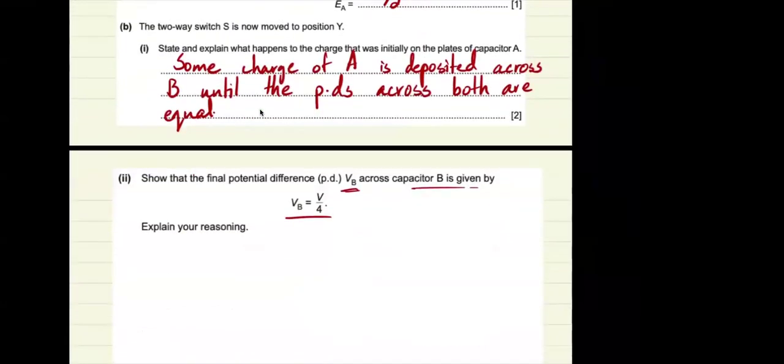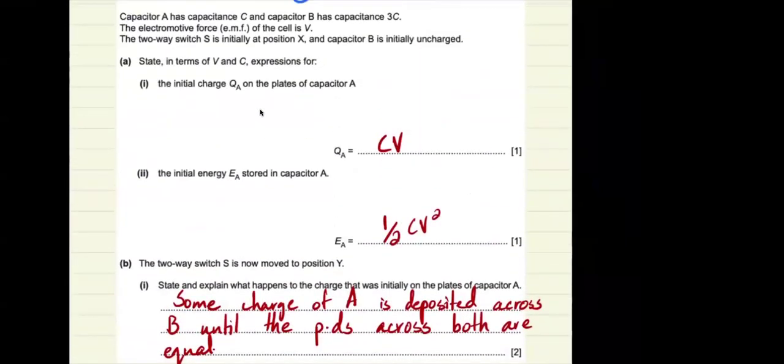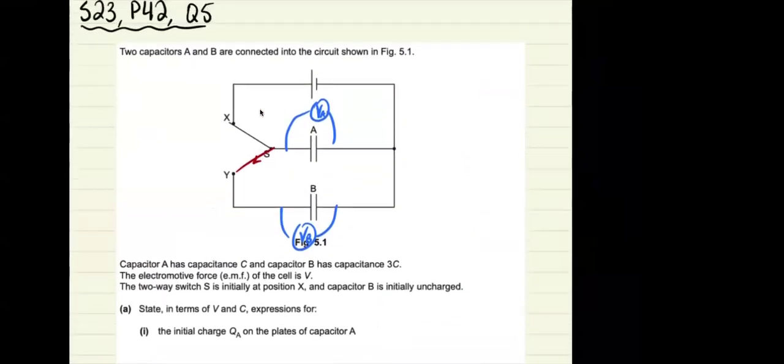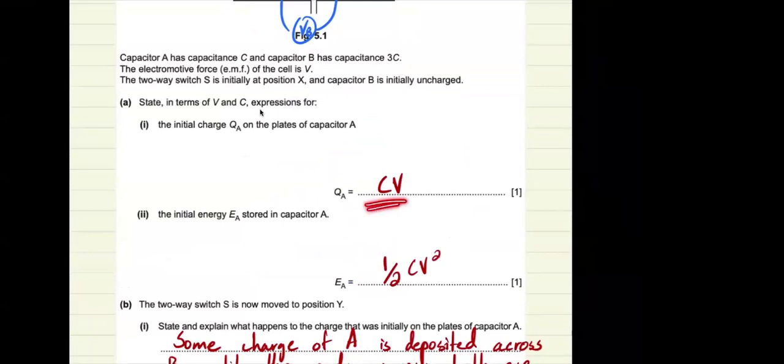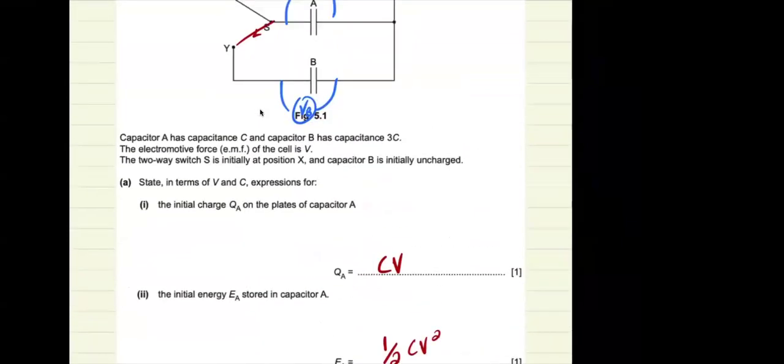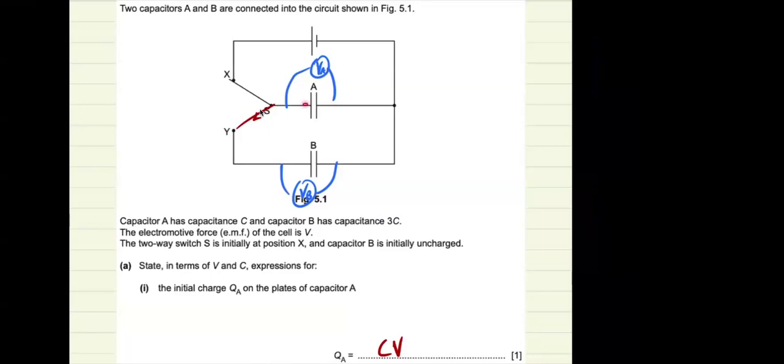So I know VA and VB at the end would be equal. Additionally, the charges on both of these would not be equal, but the sum of these charges would equal the initial charge. This is just conservation of charge. Charge is not going anywhere else. The charge that this loses is basically deposited onto B.